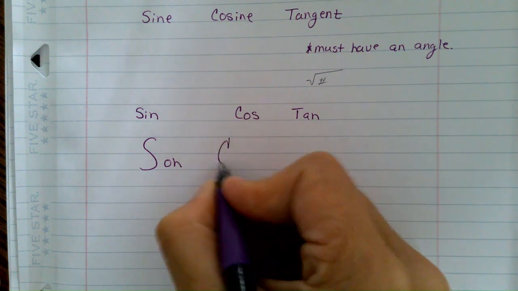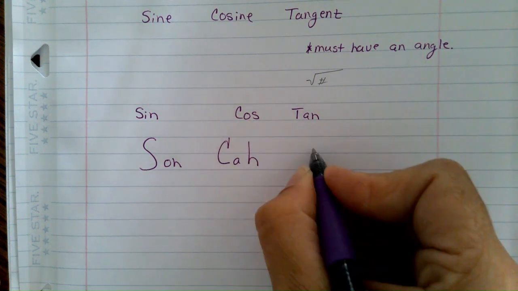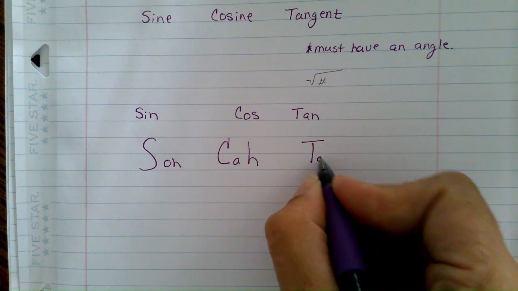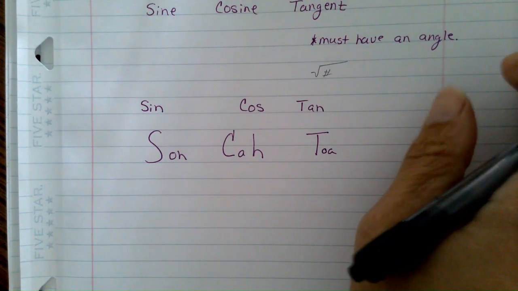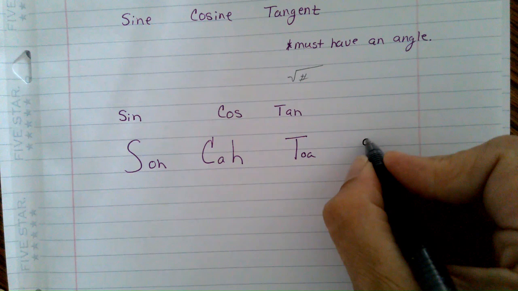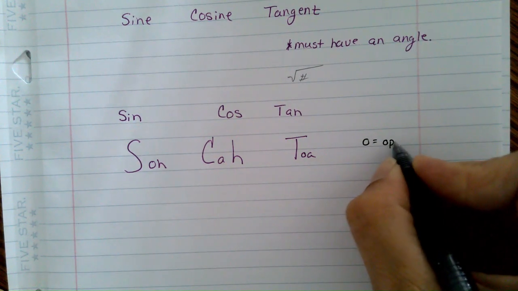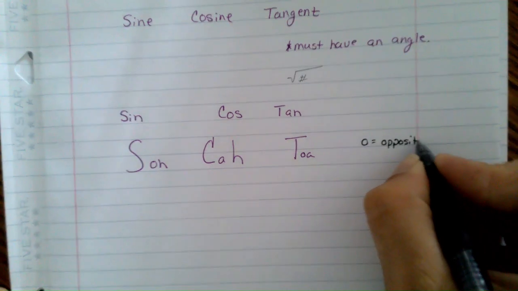So, SOH CAH TOA. This is just a mnemonic device. Anywhere you see an O, it means opposite leg.